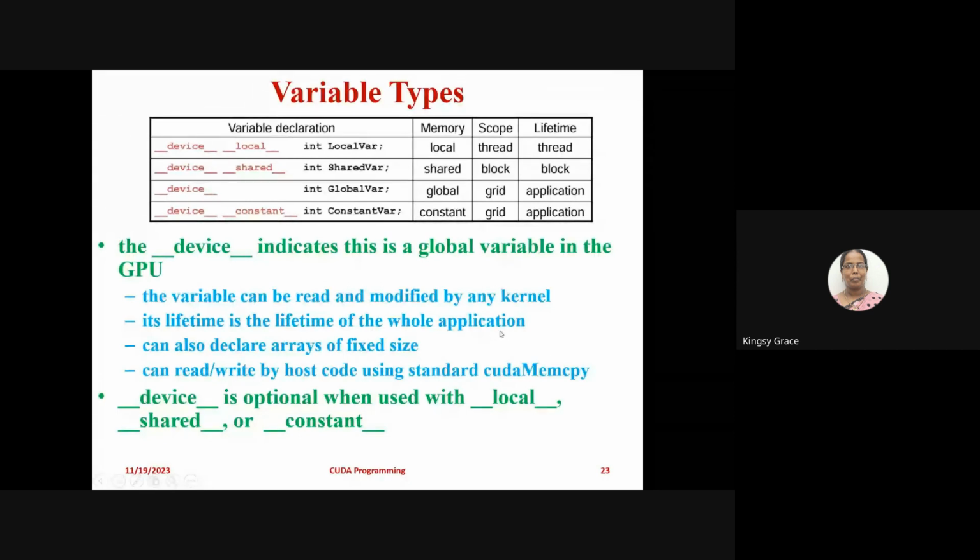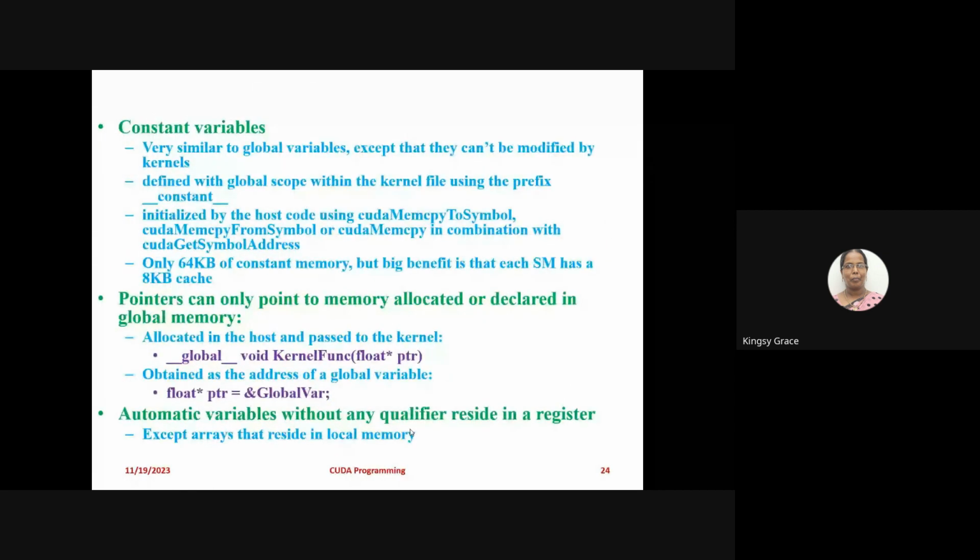Its lifetime is the whole application. You can also declare arrays of fixed size, and host code and CUDA memory. The device keyword is not needed, it is optional, when we are using local, shared, or constant variables. There is no need to use it.